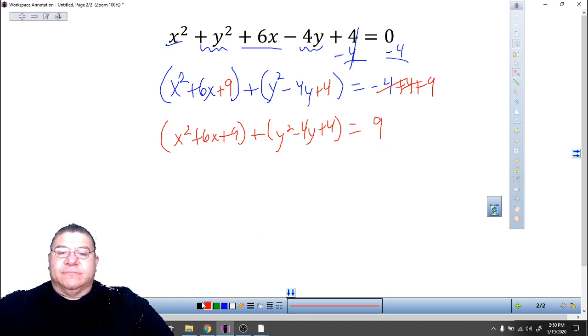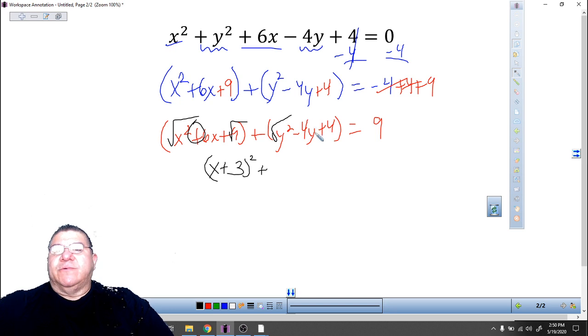Alright, let's factor. What do we know? Since we completed the square, we can take the square root here and here, so we get x, 3, sign of the middle, plus, squared, plus y, 2, sign of the middle, minus, squared equals 9.